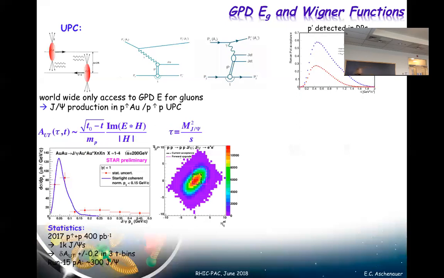So it's basically the same as photo production in DIS. You produce J/psi, and the asymmetry of this J/psi in UPC is directly sensitive to the GPD E if you have your proton transversely polarized for gluon.